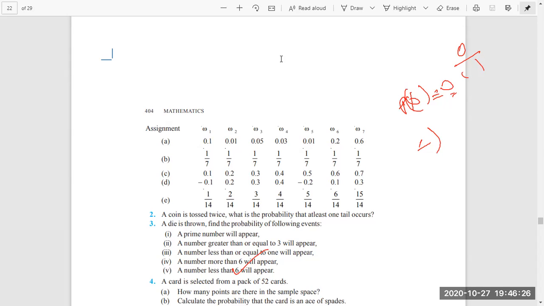Which one, sir? C. Why? Because you're getting more than 1 for sure, so this is not assigned properly.